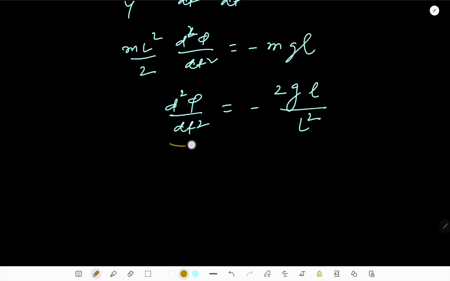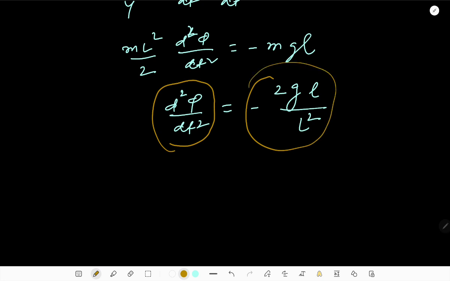You can see here d2 phi by dt square, the angular acceleration, is a constant here. The problem is potentially worthy of finding a complete time period, but let's forget it for the time being. This 2g small l over capital L square, I don't see a variable here, so it's a constant.